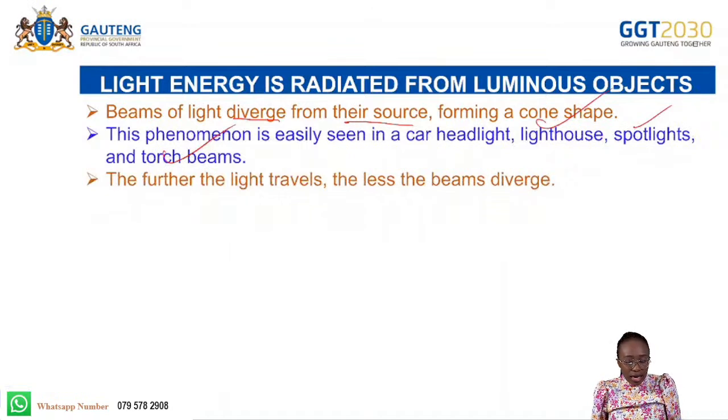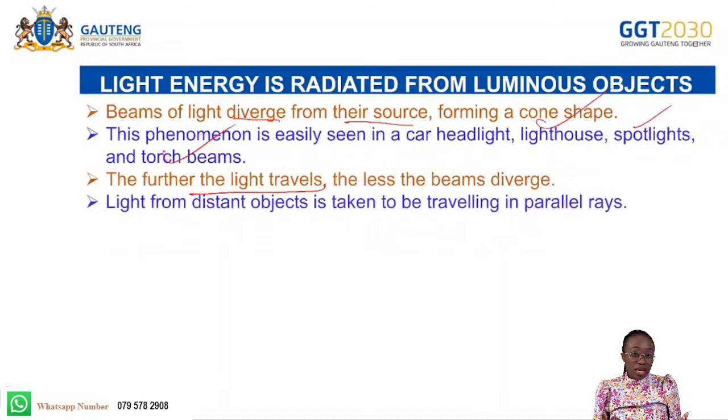The further the light travels, the less the beams tend to diverge. So if the light has to travel a long distance, then there is less chance that the beams are going to diverge.